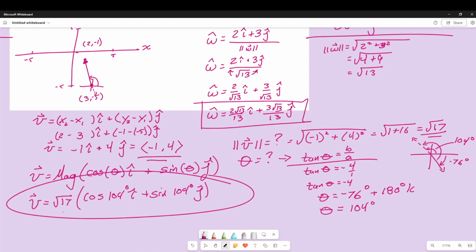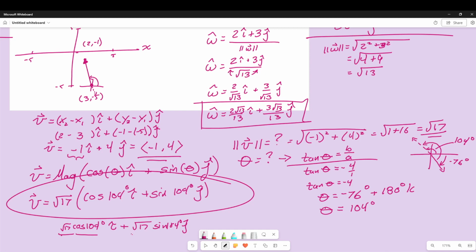And it's a fun thing to test. If you distribute that square root of 17, you get square root of 17 times the cosine of 104 degrees in the i plus square root of 17 times the sine of 104 degrees in the j. Square root of 17 times the cosine of 104 degrees should equal, approximately, because we're approximating here, negative 1.